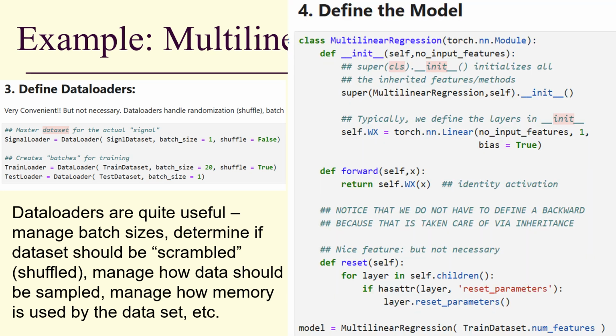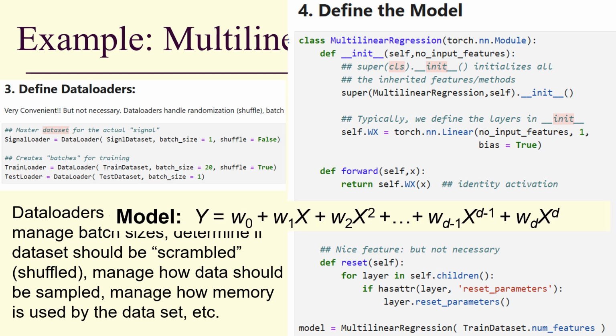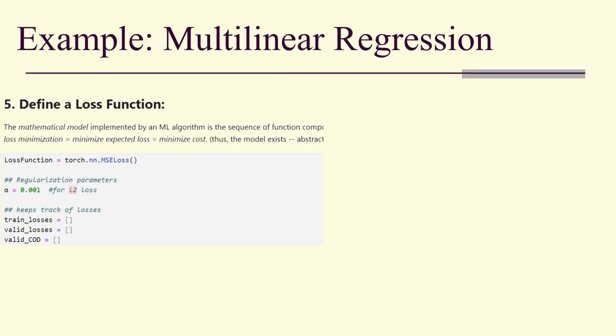So once again, we're going to inherit from torch.nn.Module because that means we get everything, in particular, the back propagation, which I don't define here. It's built in. Once I have a forward, then the backward is already there because it inherits the backward from the torch.nn.Module. So here's my model.